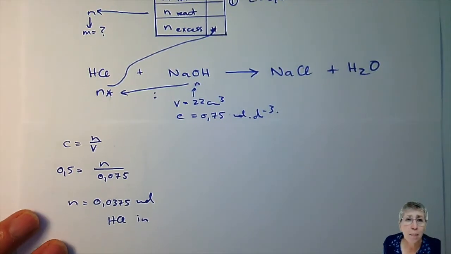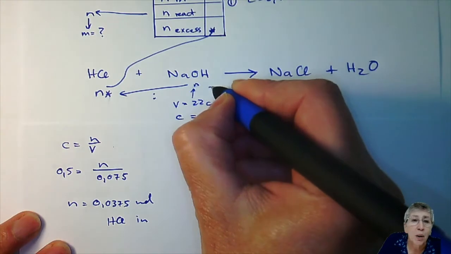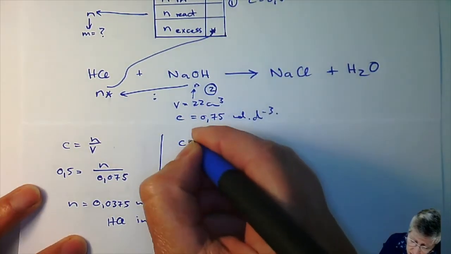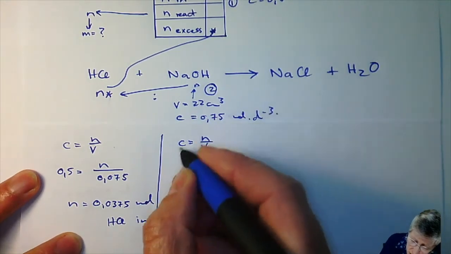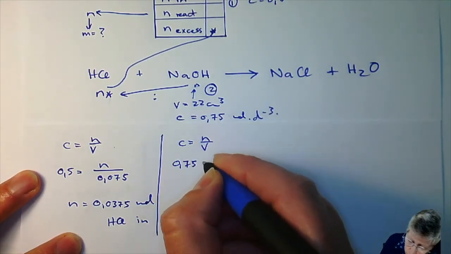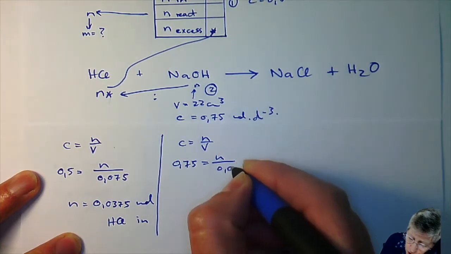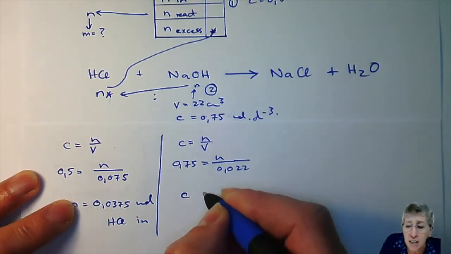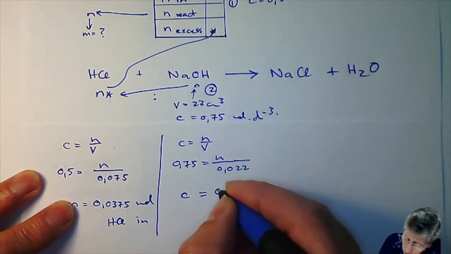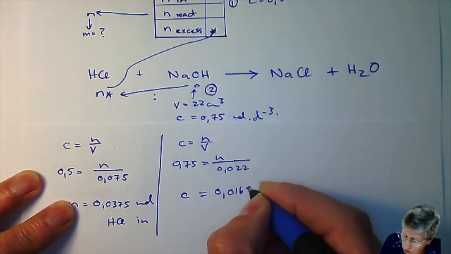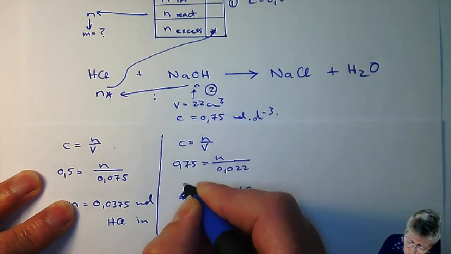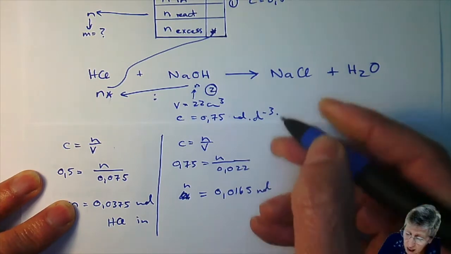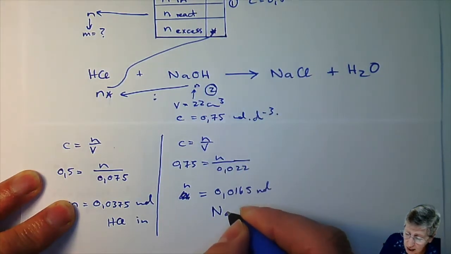Right, next up, I'm going to look at the titration down there. For the titration, C equals n over V. Concentration down there, 0.75. Volume, remember to convert 22 to cubic decimetres, and that gives me 0.0165 moles, and that is for NaOH.